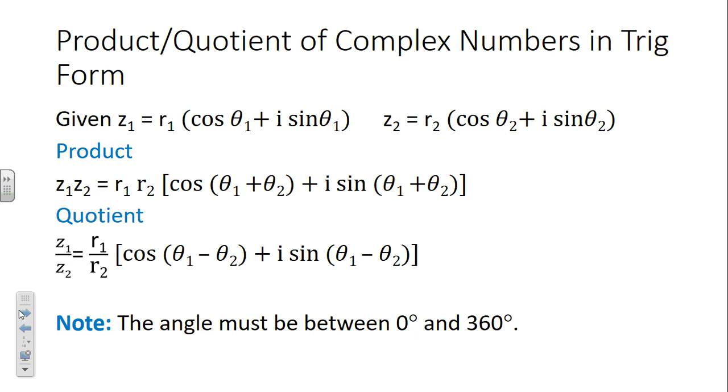Then we just subtract 360 off of it and get 40. Take a revolution or two, or however many, off of it. If we're dividing, we simply divide the radius by the radius and then subtract the thetas.